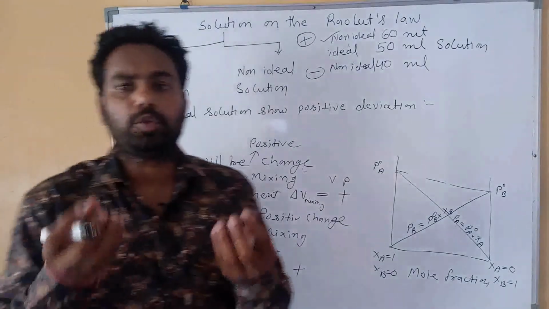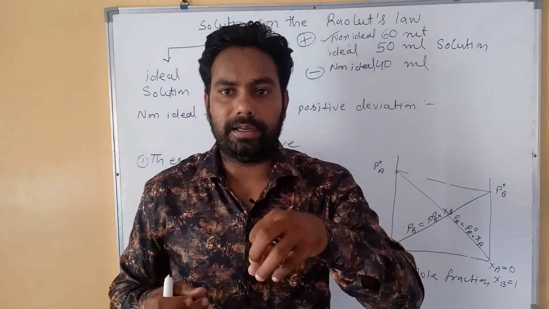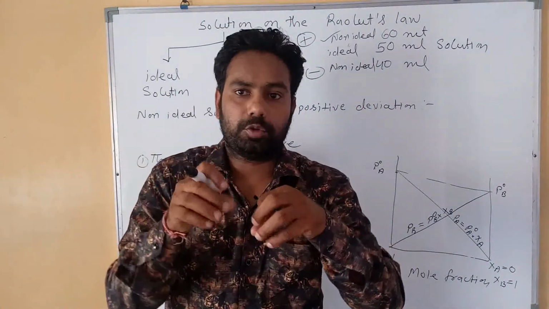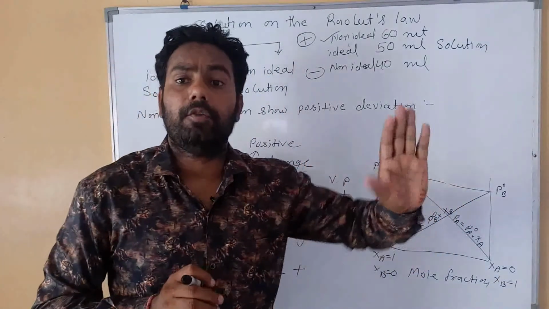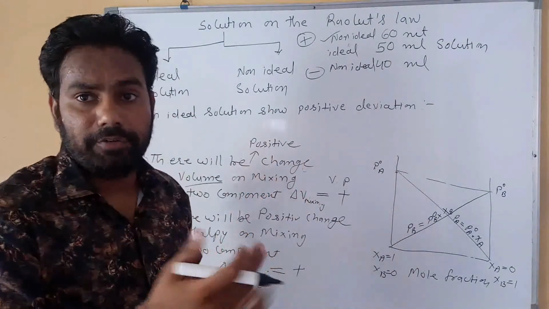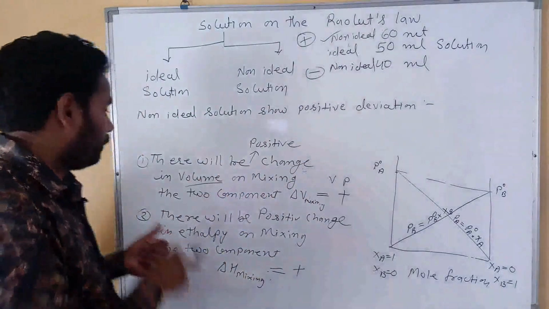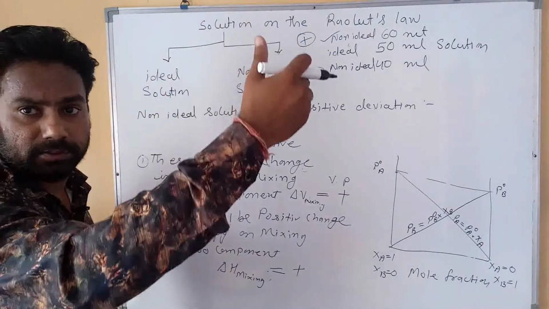When we mix two different components, suppose 80 ml solvent and 20 ml solute, the solution prepared is 120 ml. How is it possible? It's possible in positive deviation because the volume is increased.